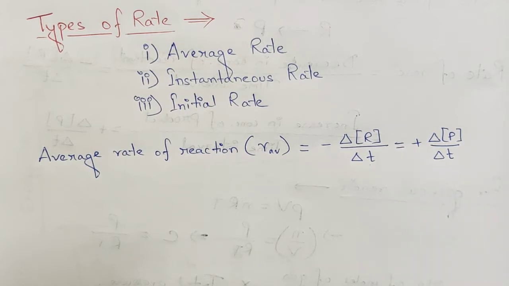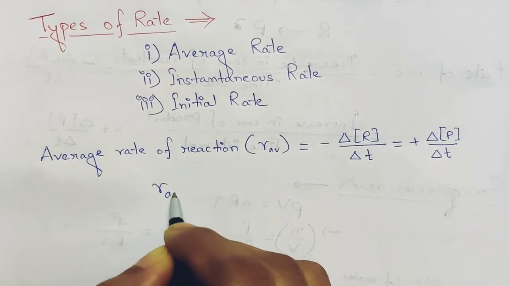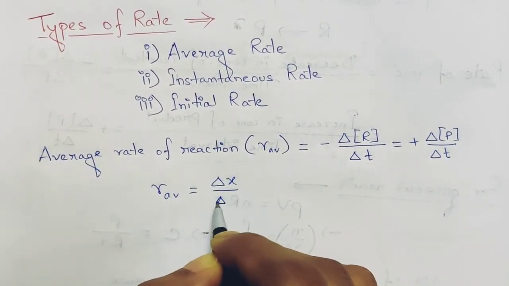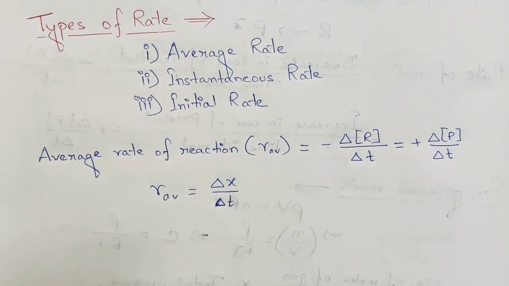In general we can say that R average is equal to delta x by delta t. Here x means the change in the concentration of the reactant or the product. So this is about the average rate of reaction.